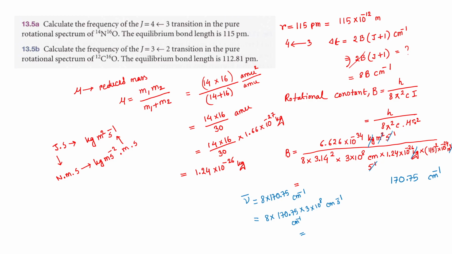So you are going to get something around 4.098 into 10 to the power 11.